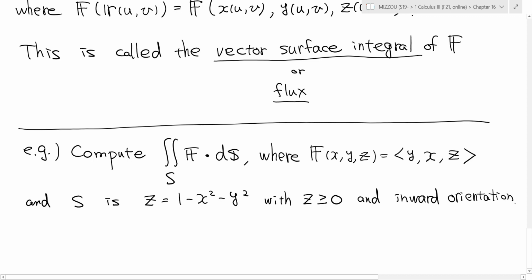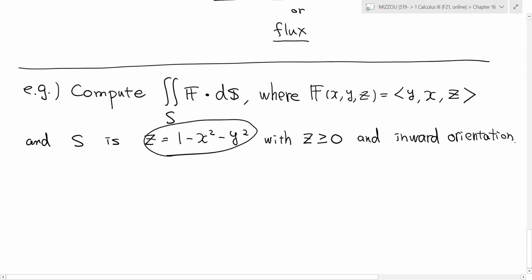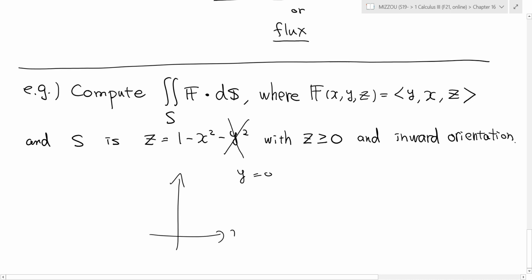Okay, so what is this? Well, first of all, it is helpful to visualize this. Remember, we have seen this kind of surface before. If you set y to be 0, that gives you the projection of the surface on the xz plane, and this is a parabola with vertex 1.